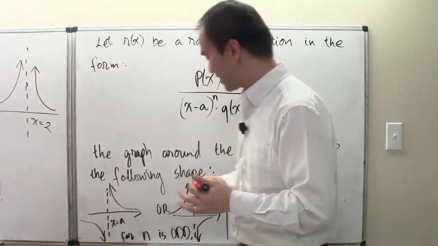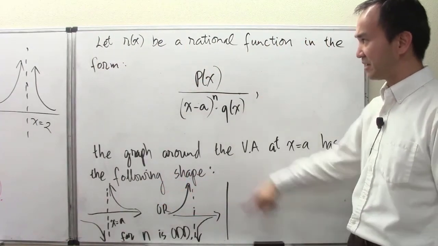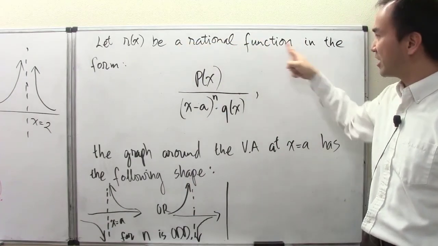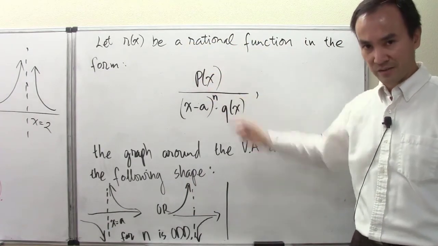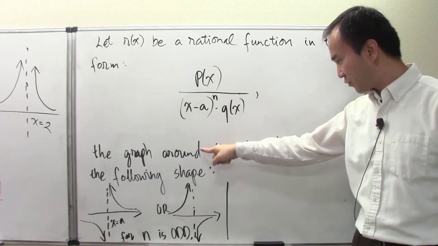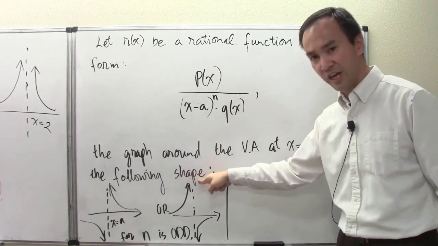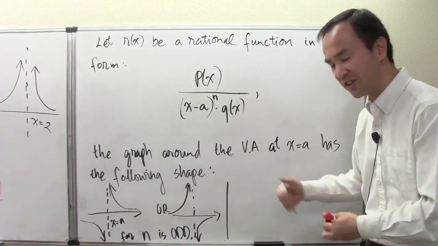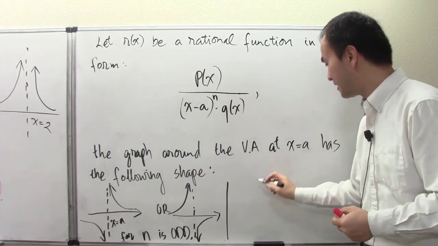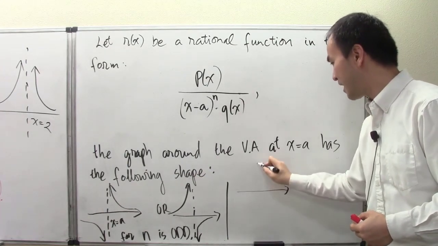And so now that is enough to make another generalization. Let R of x be a rational function in the form as written here. The graph around the vertical asymptote at x equals a has the following shape, but this time we switch into a different shape. We have a vertical asymptote here.